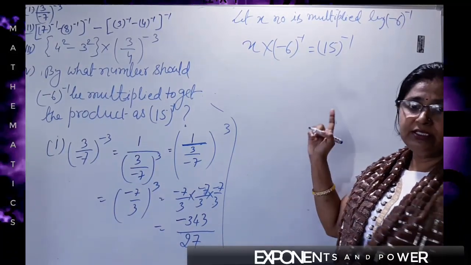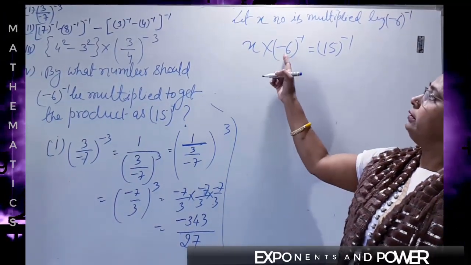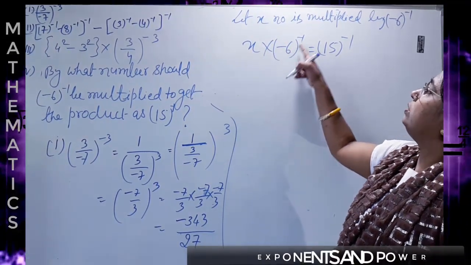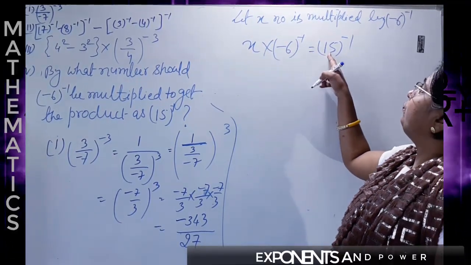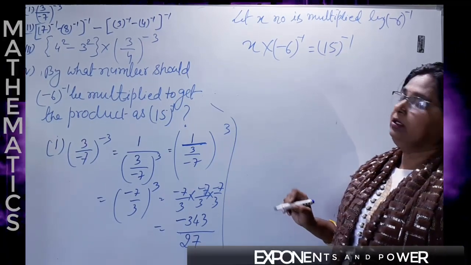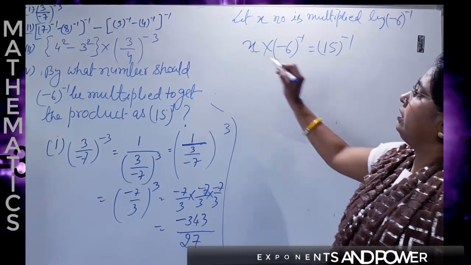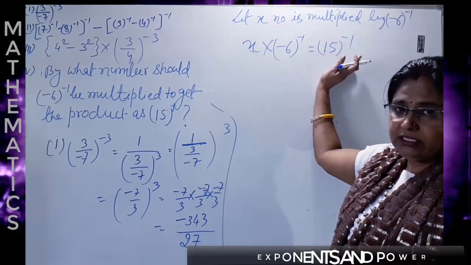Now your equation is like this. Now we have to find the x value in the equation. x is variable, the rest are all constant.